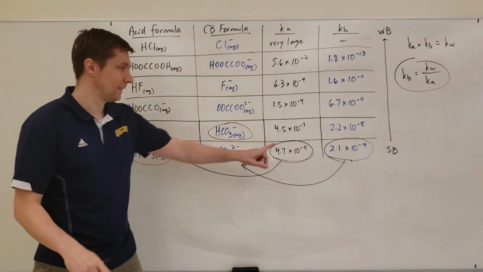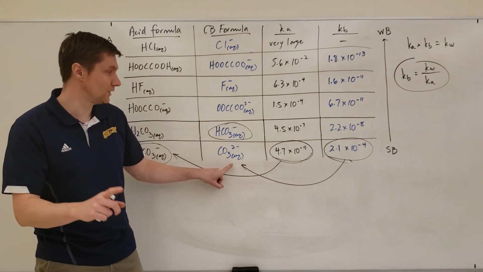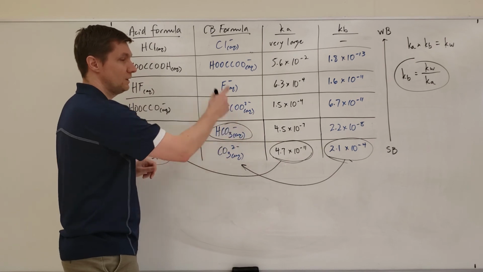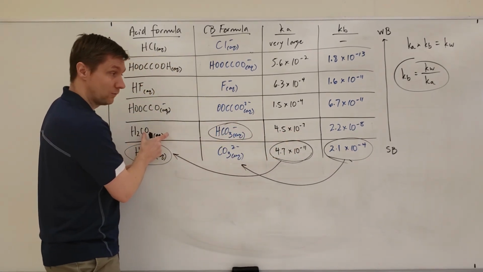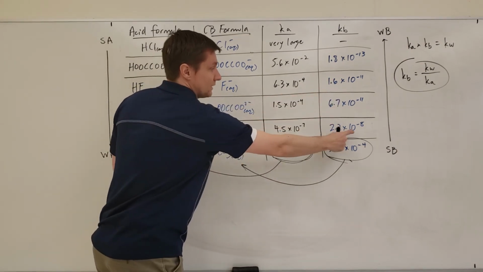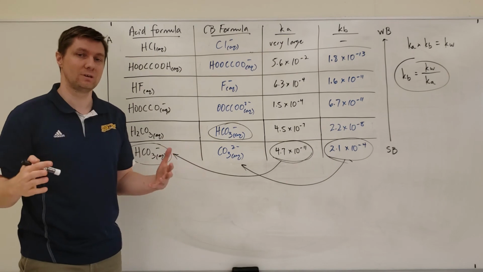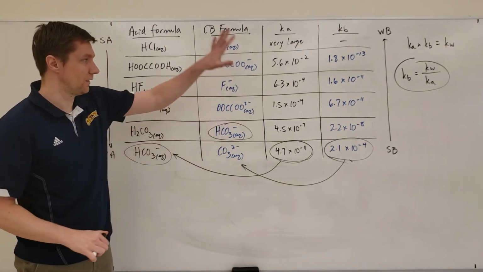But remember, this Kb is the Kb of CO3 2 minus. So you have to go to where this substance is found in the chart, and use the Ka of its acid form in this formula to calculate its Kb for that substance. And that's how you calculate Kas and Kbs for particular substances. And that's how that chart is set up.